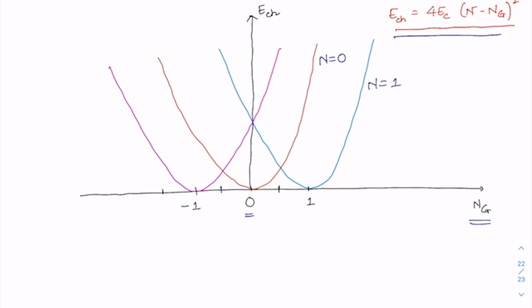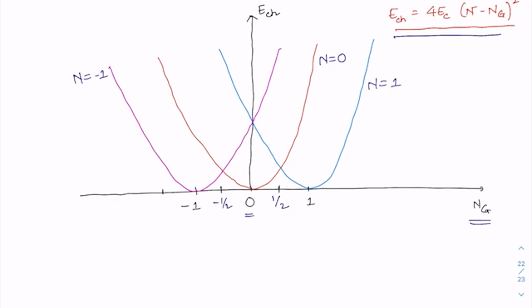This blue parabola is going to intersect the parabola n is equal to 0 at NG is equal to plus half. Similarly, this pink one refers to the parabola for n is equal to minus 1, and again this is going to intersect the parabola n is equal to 0 at minus half.